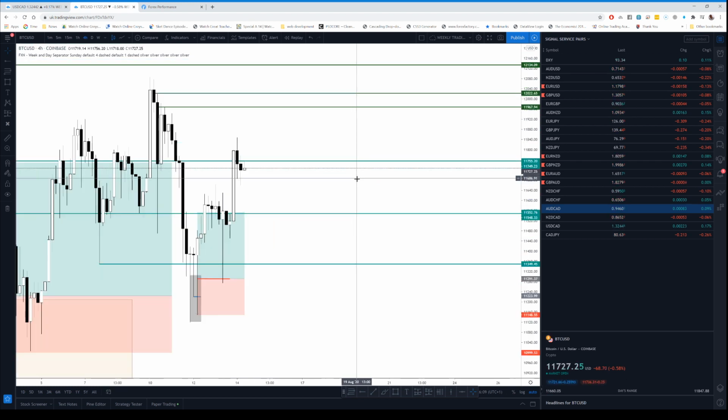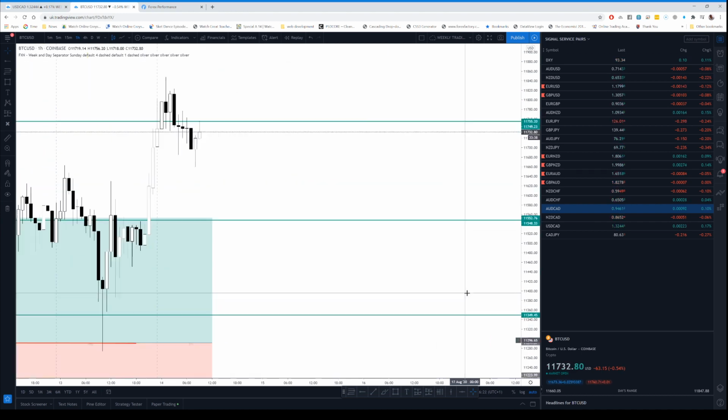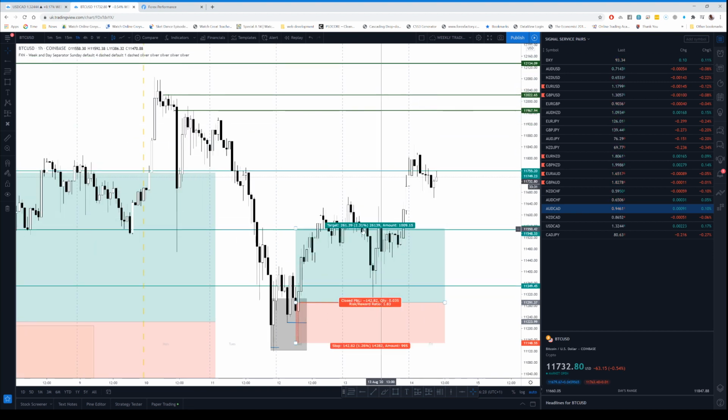Remember I said I was looking for price to come back and then scream up. It came back straight to that level there, hit it, and then boom, rejection, and scream forward. It went past where I was targeting as well.